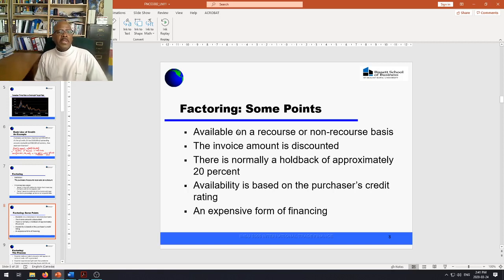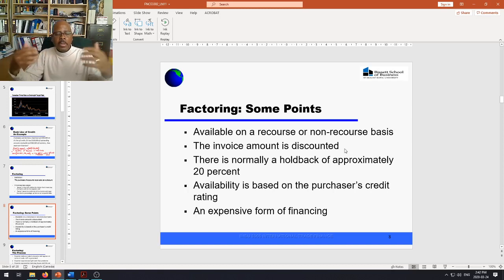The way the payment amount is determined is that the invoice from the accounts receivables is discounted. So if, for instance, it's a $100,000 accounts receivable, then the factor knows that's what he's going to get, say, in 30 days.